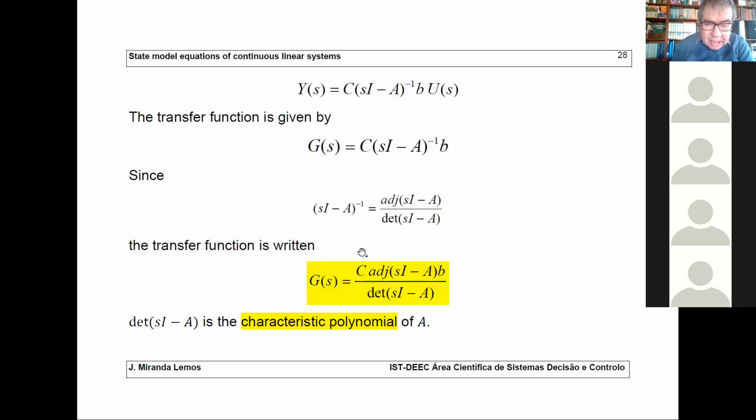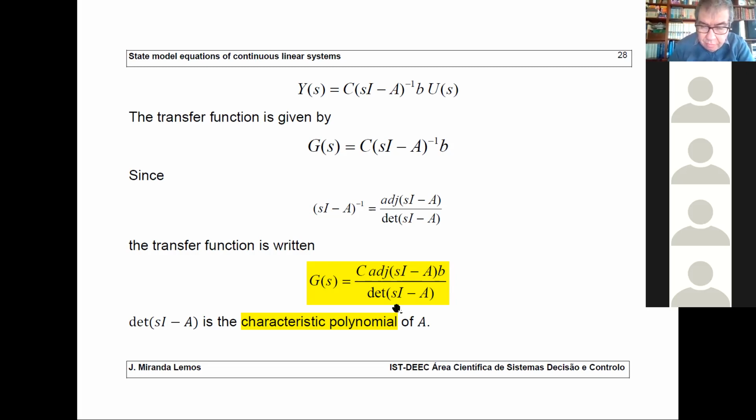Physically, this has an interpretation, because the zeros have to do with the way the system interacts with the outside world. C depends on the sensors, B depends on the actuators. So the sensors and actuators, together with the personality of the system, define the zeros. But the poles depend only on A.